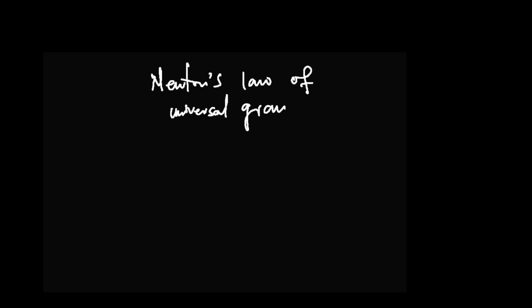So Newton's law of universal gravitation now comes to explain the deficiency in Kepler's law. Remember, we said the deficiency in that law is that the law fails to explain why the planets are moving. So, what does this law state?